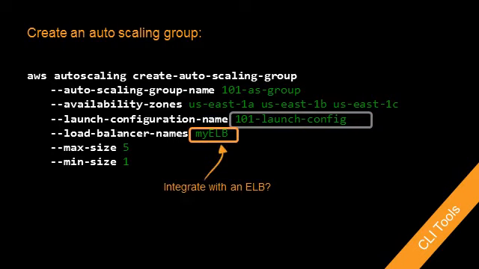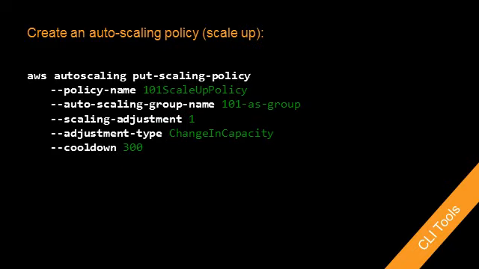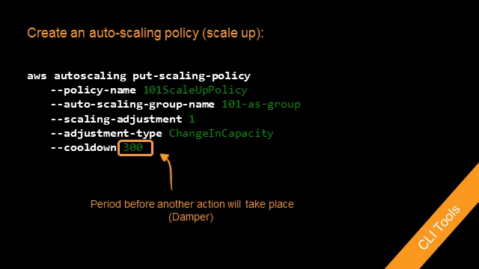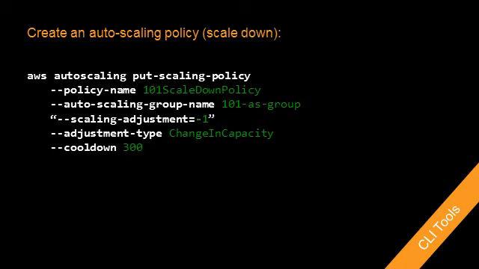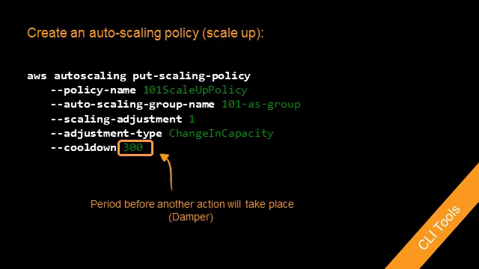And then after that, you need to create a policy. So this is an auto-scaling policy that will scale a group up. And this is an auto-scaling policy. Sorry, this is an auto-scaling policy that will scale a group down. You can see we're using damper here at the bottom. So the damper is a mechanism for preventing too many auto-scaling actions being triggered one after another, and you having what you could, I guess you could consider sort of jitter within your auto-scaling group, where you're constantly scaling up and down.